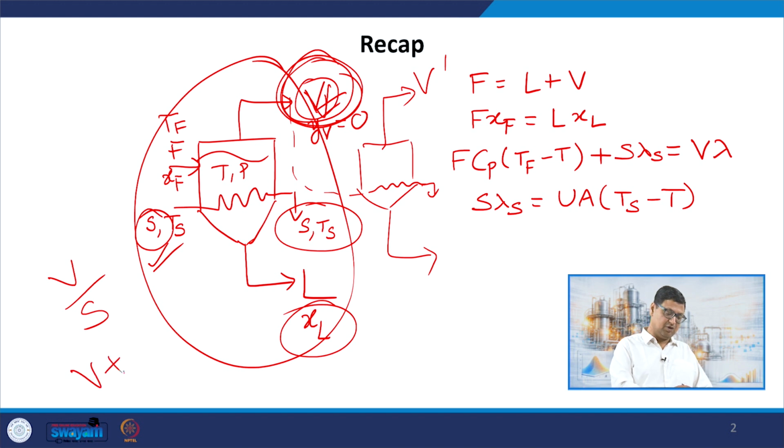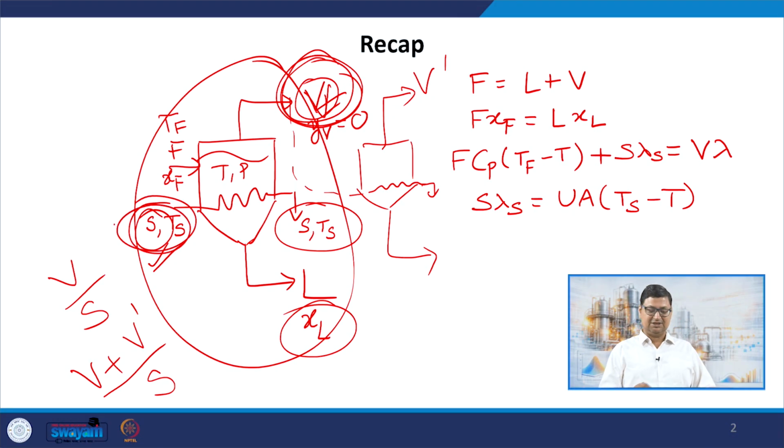So, the steam economy will be something like V plus V prime by S, because this is where I am putting in fresh steam. The subsequent effects are not using fresh steam, they are using the energy contained in the vapor, right. So, basically we are killing two birds with one stone. We are using the energy present in the hot vapor, and second, we are saving the amount of steam required to achieve a certain evaporation or certain concentration.